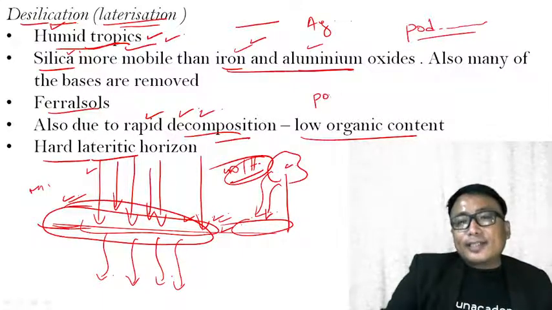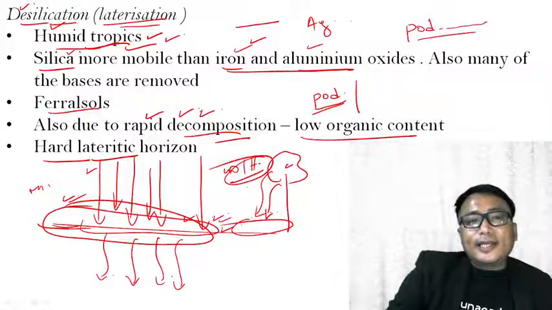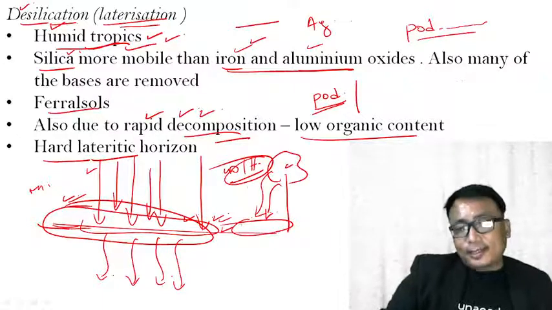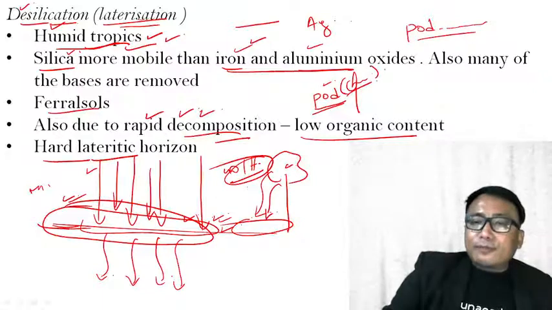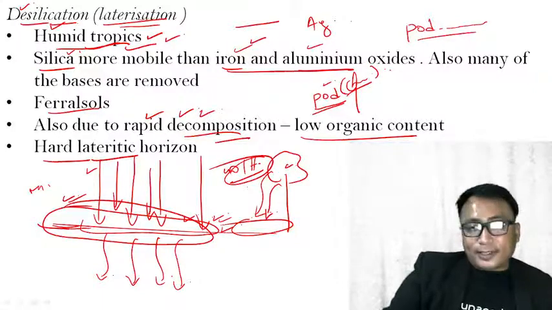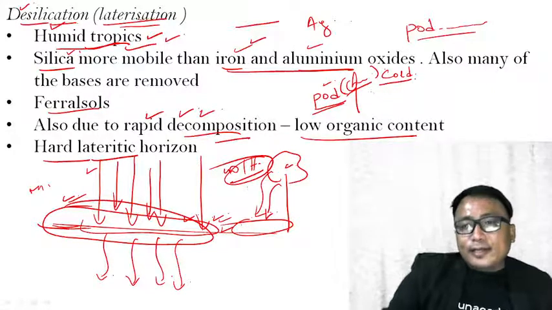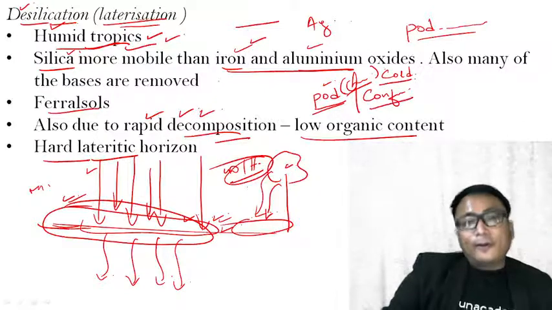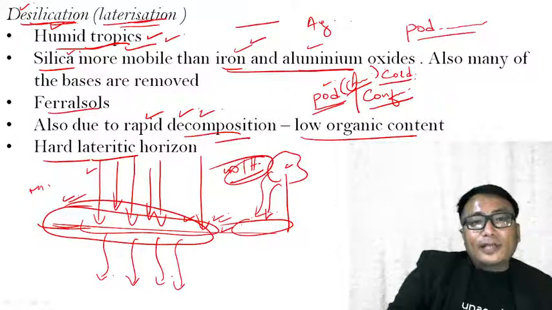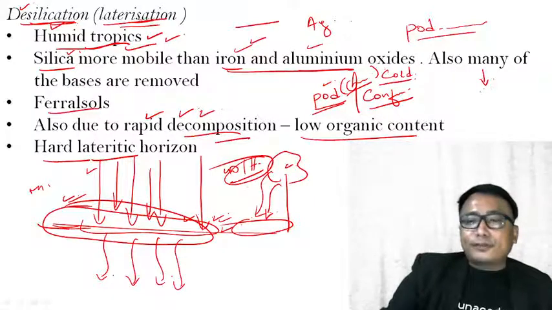The first difference between podzolization and desilication or lateralization is that podzolization or cheluviation is observed in the higher latitudes, in a very cold temperate region, near the tundra, or you can say in the coniferous forest region. Whereas desilication or lateralization you will see in the hot or humid tropical region.